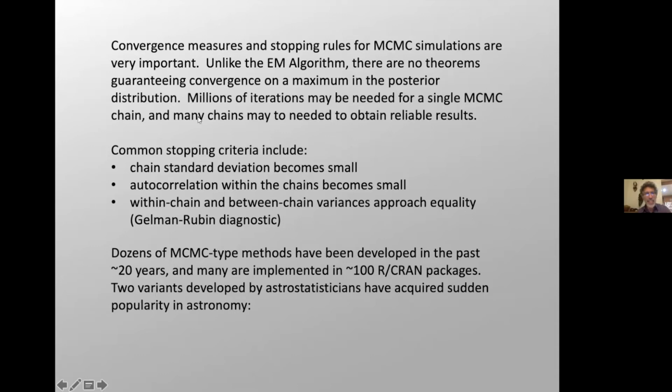And with these concepts of Markov chain, Monte Carlo, Gibbs sampling, and Metropolis-Hastings algorithm, there are dozens of varieties of algorithms that have developed over 20 or 30 years, and they're implemented in many, many places. For instance, in R, there are dozens of them implemented.